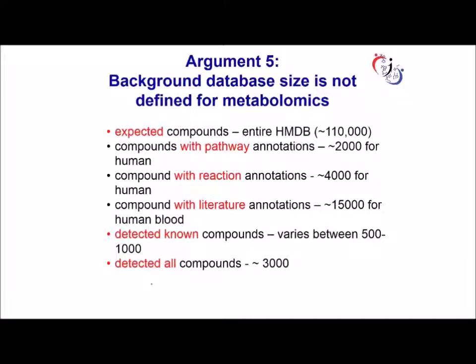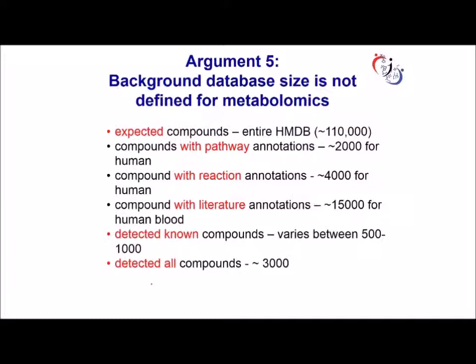What should be a background database for calculating a hypergeometric test? There are several options, and it was shown in the previous slide that if you use a smaller data set you will get larger p-values, and if you use a larger database you will get smaller p-values.